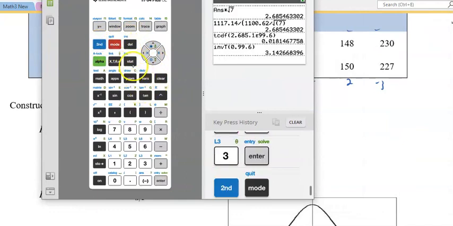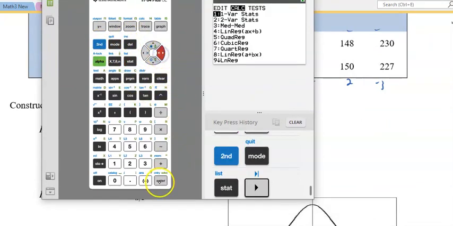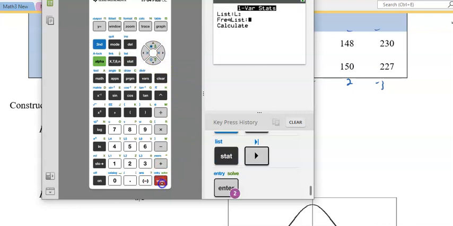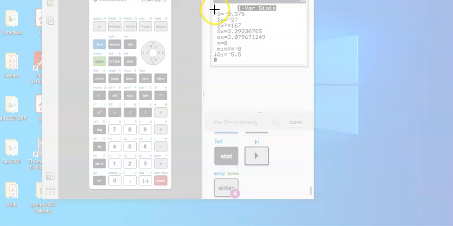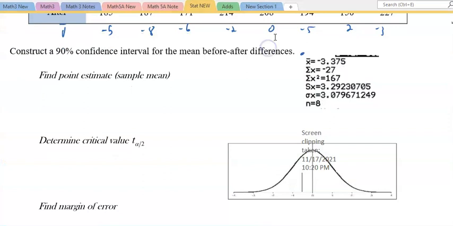So if I quit and I go to stat, calculate, and give me those values, there it is. So what do I need out of that? I just need 2 values, really. I need the average and the standard deviation.